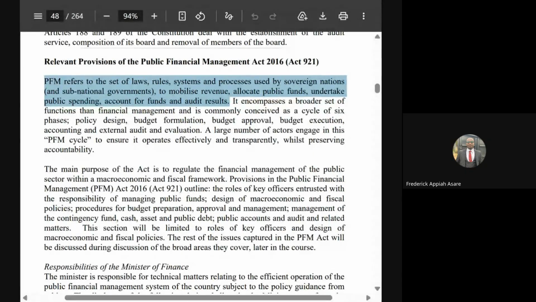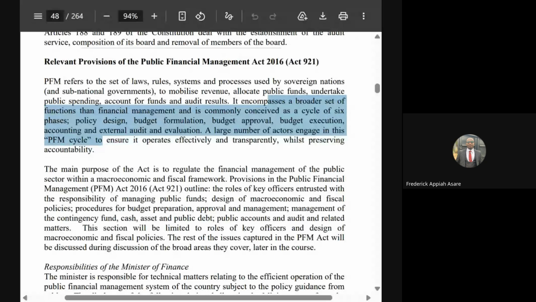Usually it encompasses a broader set of functions than financial management, and is commonly conceived as a cycle of six phases. That is, policy design, budget formulation, budget approval, budget execution, accounting and external audit, and evaluation.